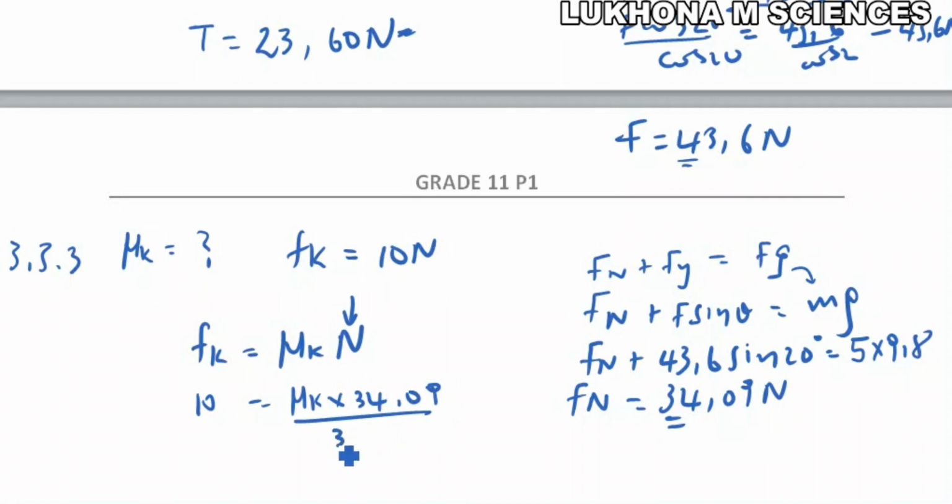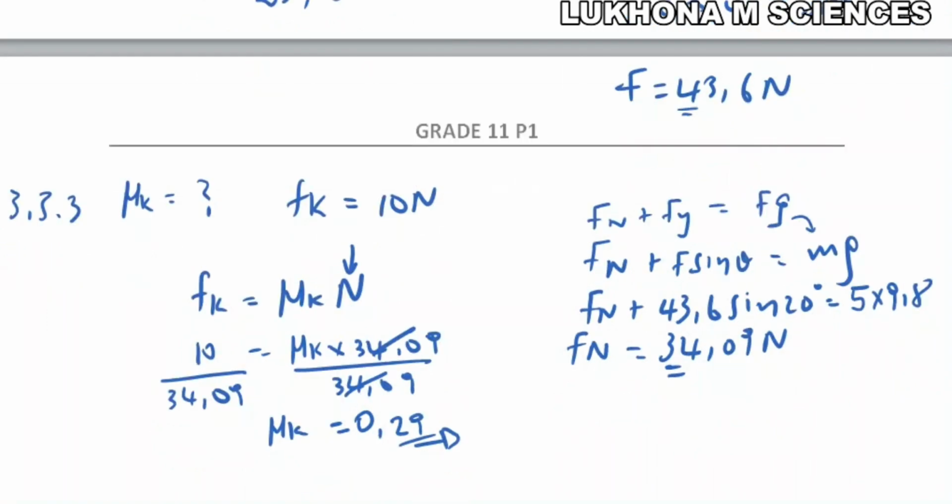Then we divide by 34.09 on both sides, and we get the coefficient of kinetic friction as 0.29. There are no units for the coefficient of kinetic friction because it's a ratio of forces.